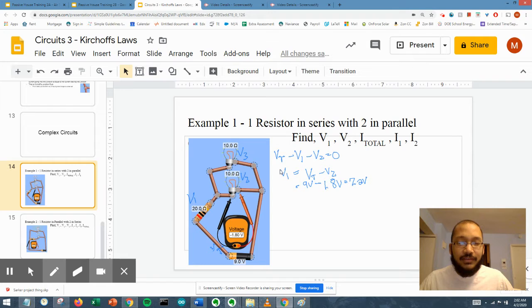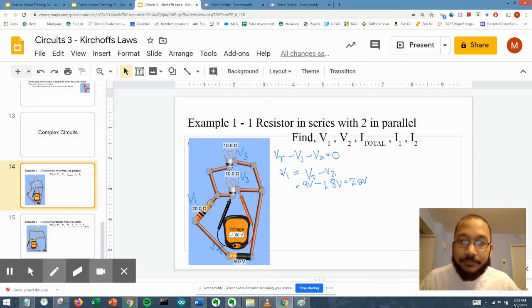Because using the loop rule again, this loop would be identical to this loop, except for these branches. But those total equations are the same. So by the transitive property, this branch would be equal to that branch. If that doesn't make sense, basically just Vt minus V1 minus V3 is equal to 0. Combining those equations, V3 has to be equal to V2.